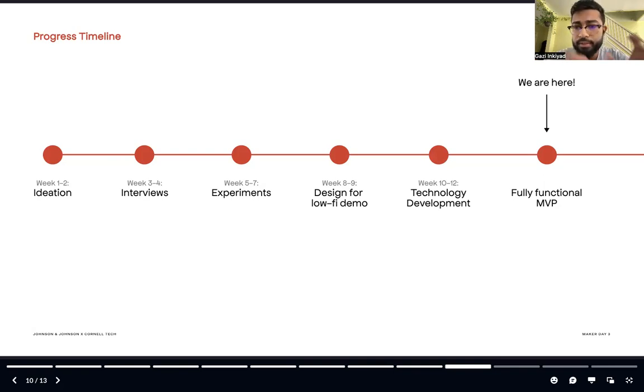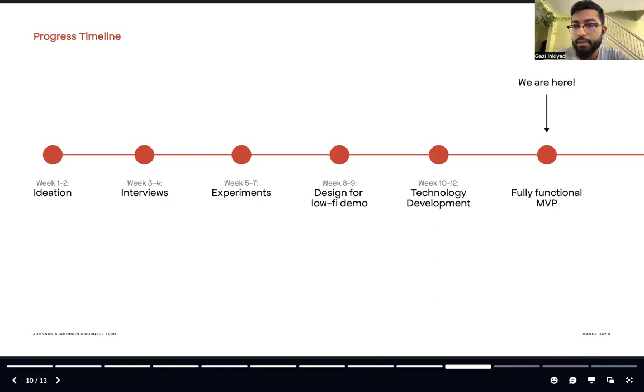And then the next 2 weeks after that, we conducted rigorous experiments regarding what is viable for this problem space. After that, we created a lo-fi demo, and then also did some refinement and conducted more experiments.